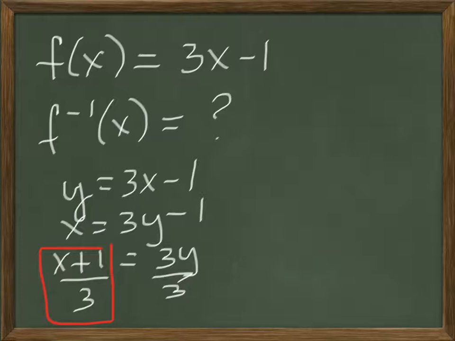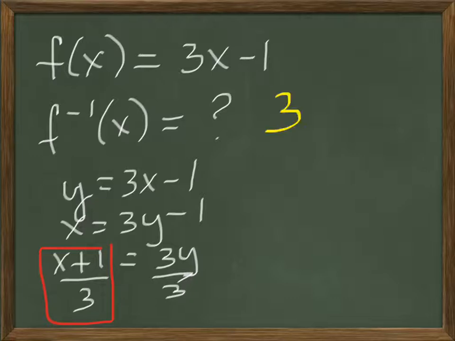But if we wanted to be sure that this inverse was accurate, we could plug it into the f of x function, and if it equaled x, then they would be inverses of each other. Note that the inverse that we found, x plus 1 divided by 3, is a function.